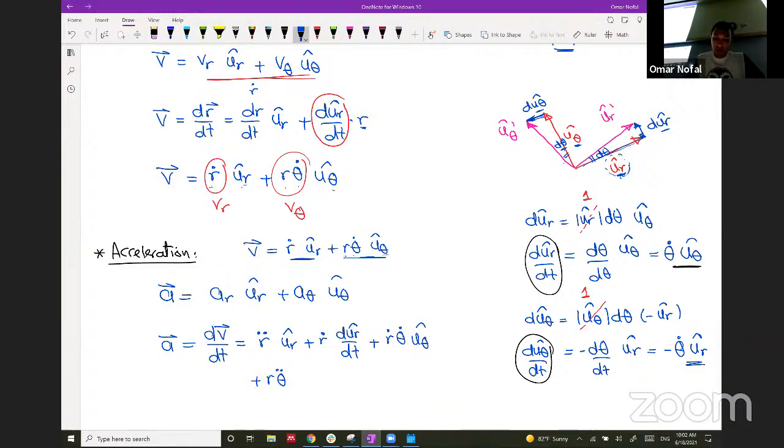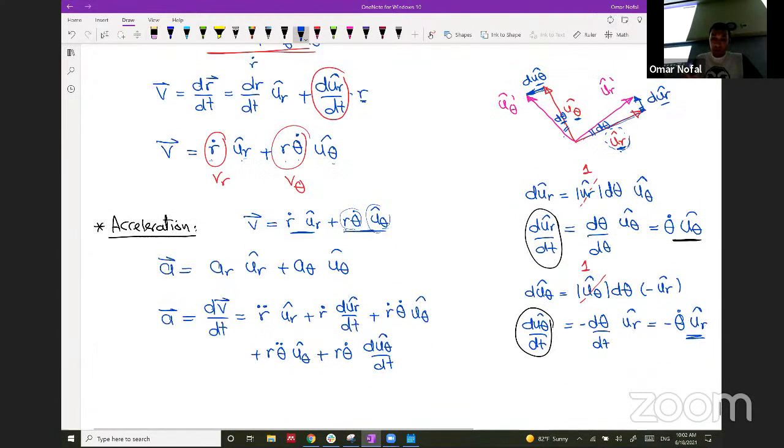So it will be r double dot in the direction of the u_theta hat plus this multiplied by the derivative of that. So it will be r theta dot d u_theta hat dt. After you plug in the values, it's theta dot u_theta hat, and plug in the value of this, which is negative theta dot u_r hat, and then do separation of variables to put the terms that have u_r together, and the terms that have u_theta together.